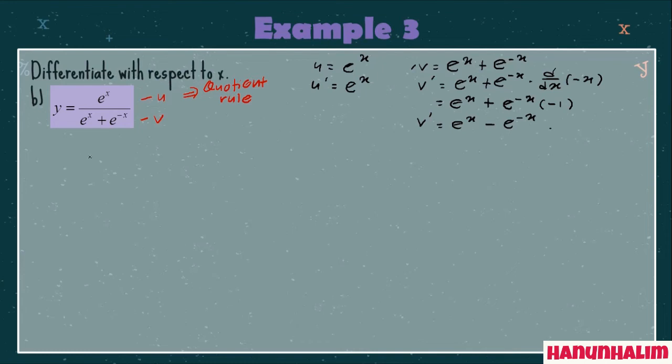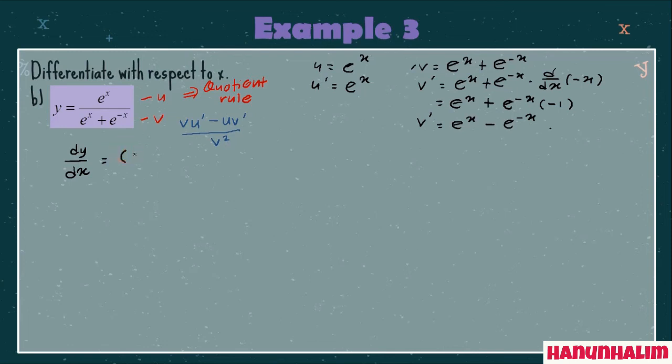Okay, now kita nak try buat quotient rule, dy over dx. Quotient rule ni dia ada formula. Nak selamat please tulis formula V U prime minus U V prime over V square. Okay, kenapa? Sebab quotient rule formula sangat penting. Kalau formula salah, habis sampai bawah salah. So make sure sebelum start differentiate tu, tulis formula, pastikan formula tu betul. And then kita substitute lah.